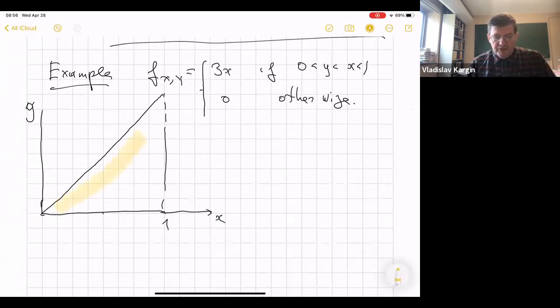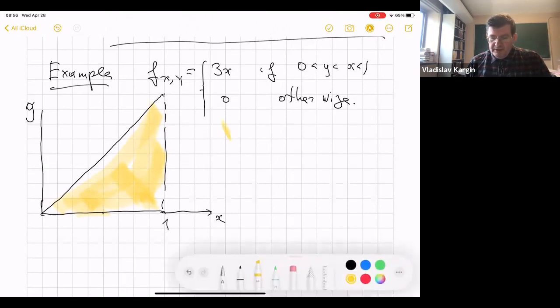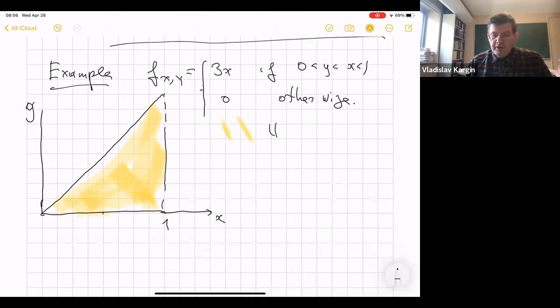This is our range. And the random variable which we are interested in is u, equal to x minus y. So it's the excess of x over y.